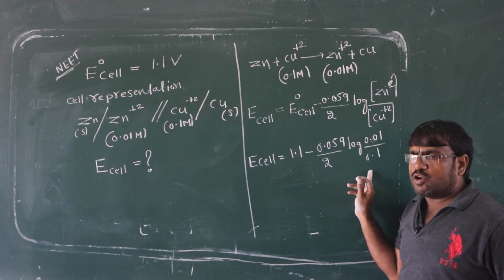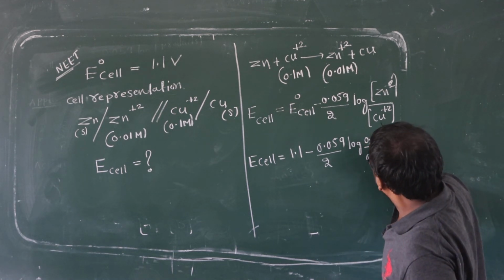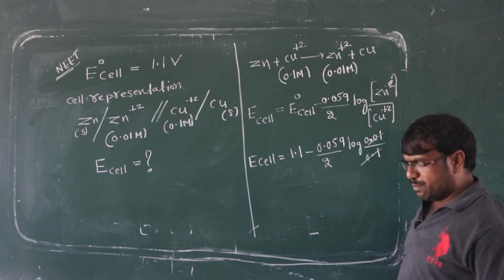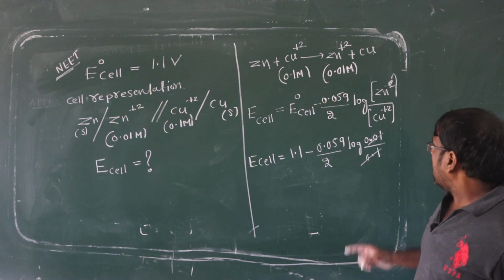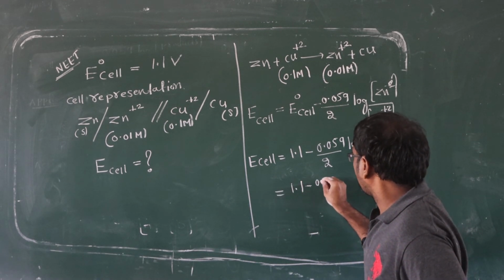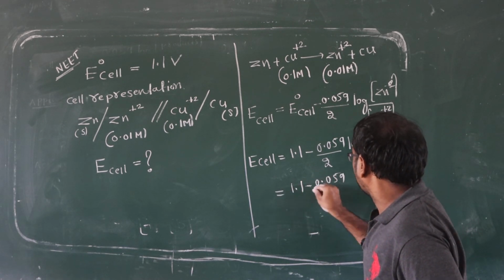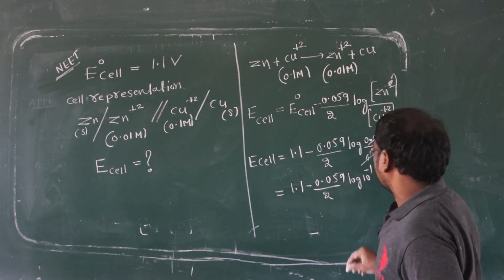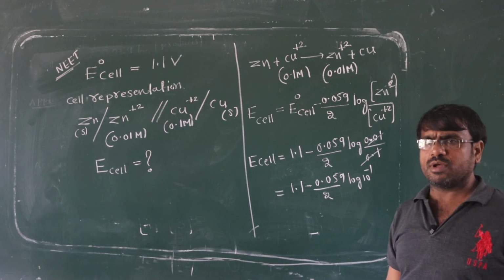Then how much will we get after simplification? 1.1 minus 0.059 by 2 log 10 power minus 1 we will get after simplification.